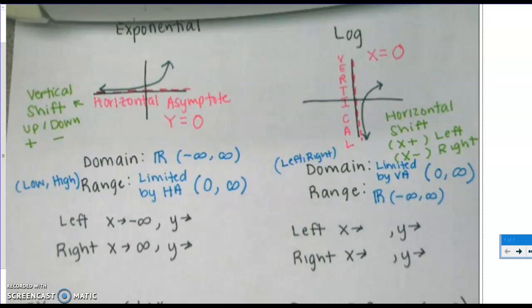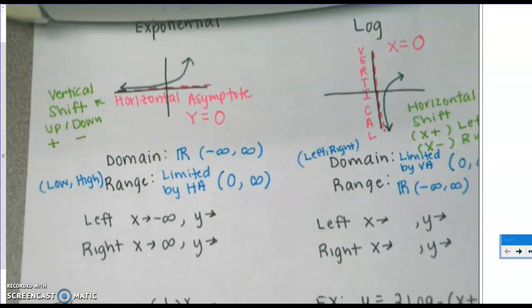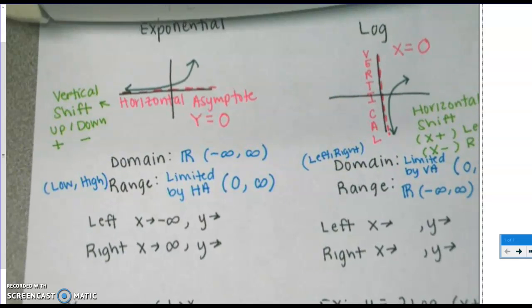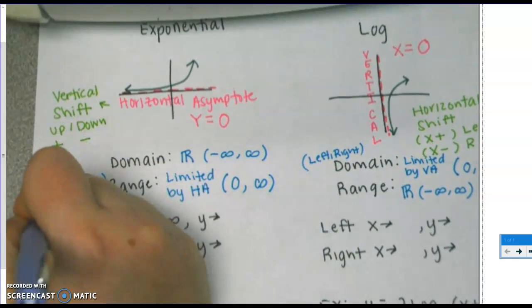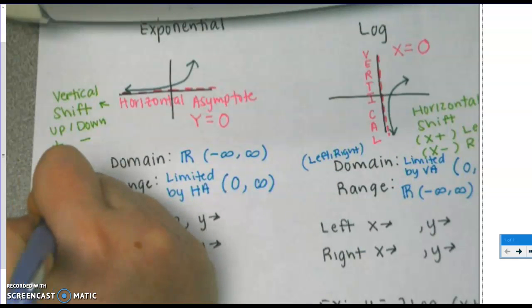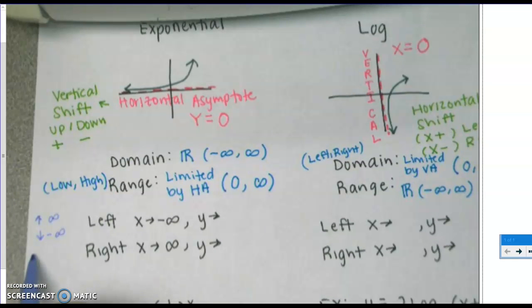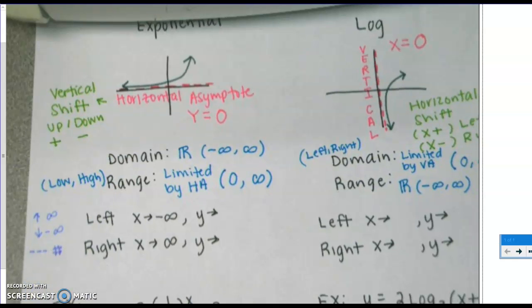Remember with end behavior, if your arrow is pointing up, that's infinity. Down is negative infinity. But if it's approaching a horizontal asymptote, we need a number.